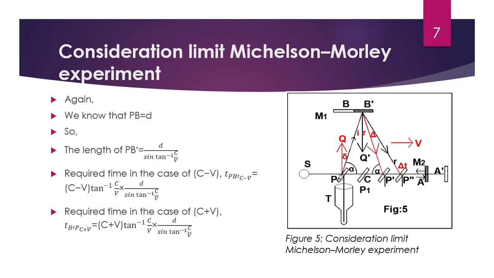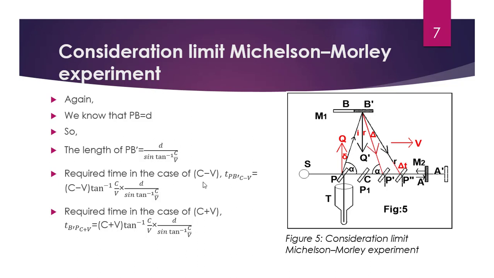PB dash equal to D by sin alpha, that means sin into tan inverse C by V. Alpha equal to tan inverse C by V.